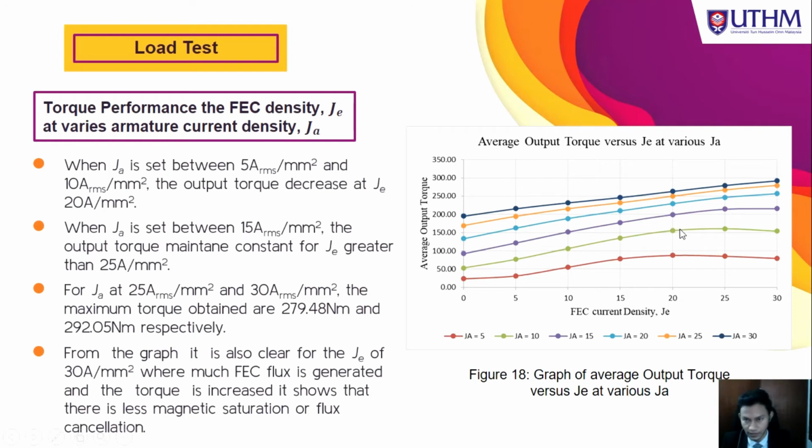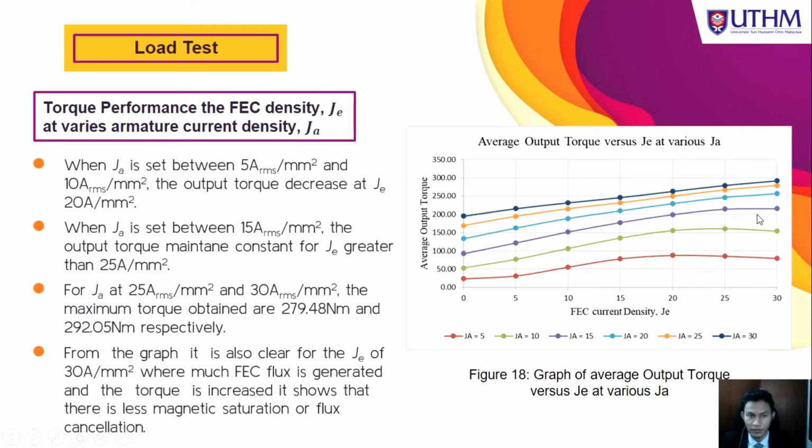We can see here the graph will decrease, and also for JA 5 and JA 10. Next, when JA is set at 15, the output torque will remain constant, and also at JE 25, the output torque will remain constant.